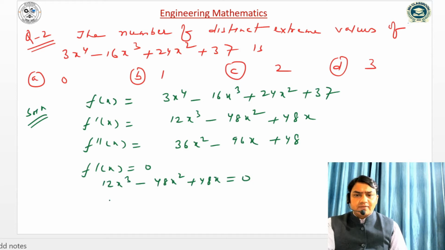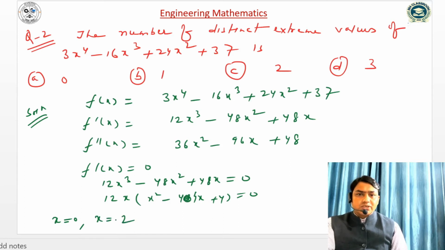If I take 12x common, it will be x square minus 4x plus 4 is equal to 0. So we have either x is equal to 0, or x square minus 4x plus 4, so x minus 2 whole square is 0. So x is equal to 2.